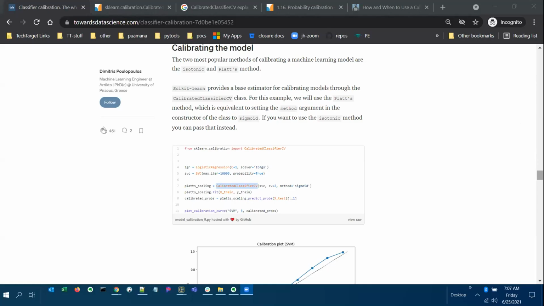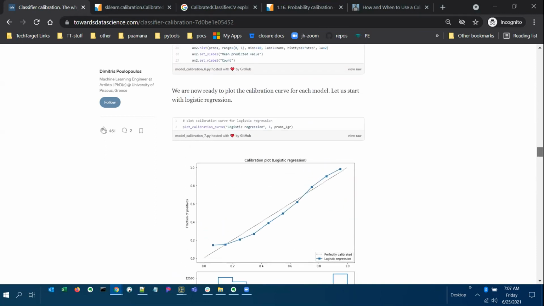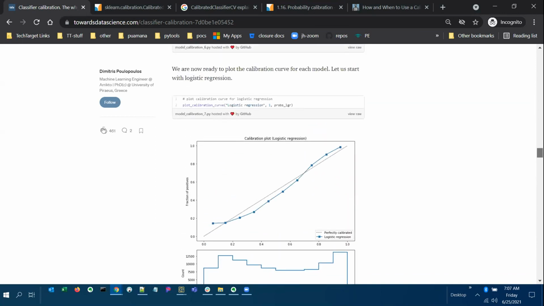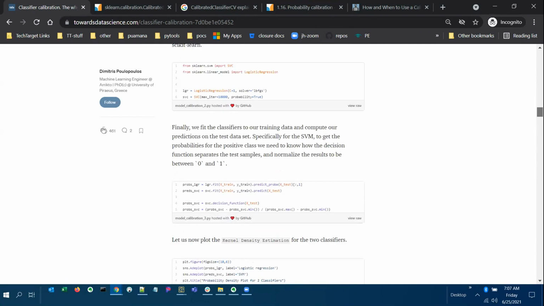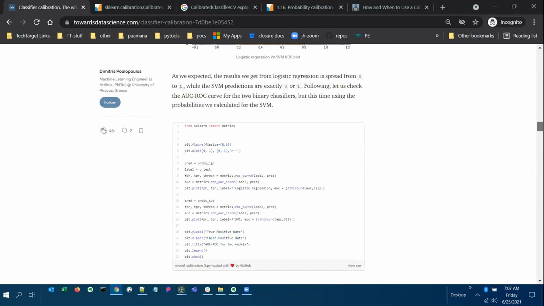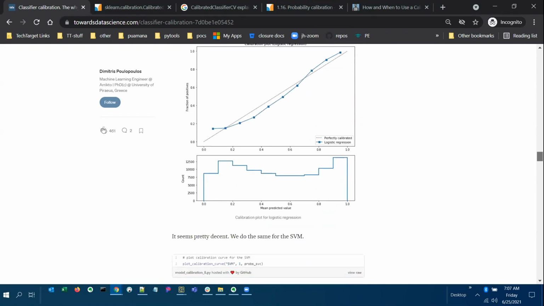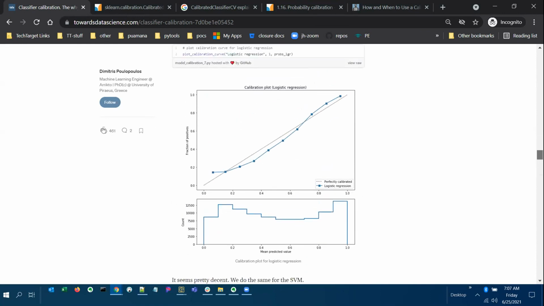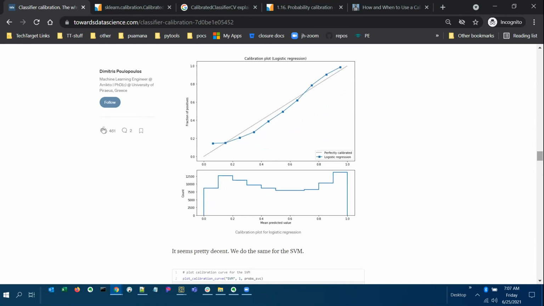You should see my screen now. So here's how they do calibration plots. I'm sorry, I'm scrolling around to find where I need to be. I think this right here is a typical good calibration plot, where it's closely calibrated, so there's a lot of confidence in your probability score.